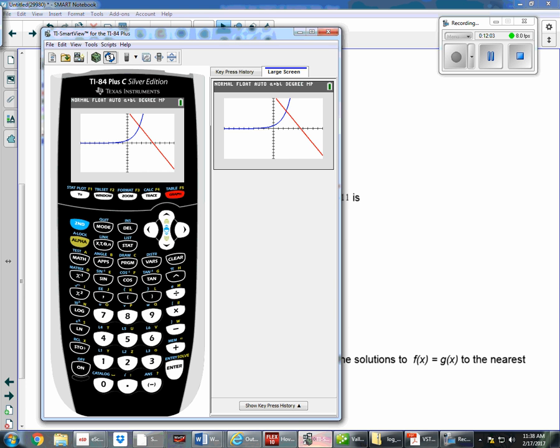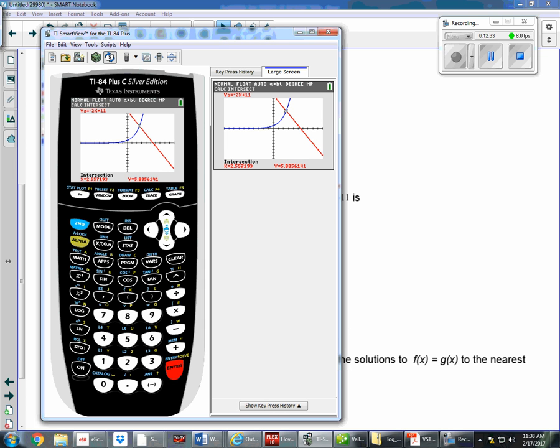So in your calculator, second, trace 5. Use the left or right arrows to get your blinker onto the point of intersection. And now it says first curve, push enter. That means you have one curve. Second curve, push enter again. That means there's a second graph there. And then it says guess. So guess what the point of intersection is.